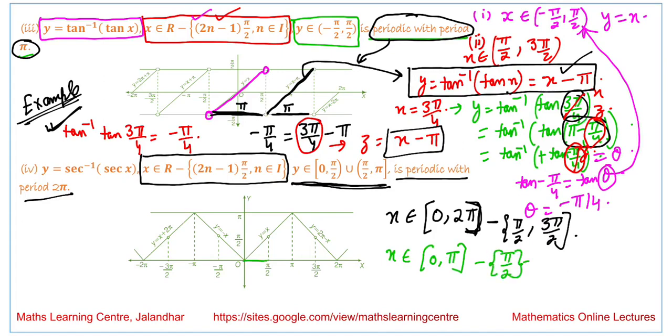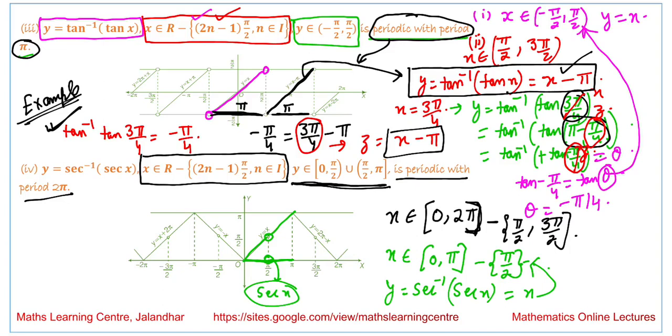That is, we are not considering the value at x is equal to pi by 2 because secant of x is not defined at this point, and we know that the solution of the equation y is equal to secant inverse of secant x, that is equal to x if x belongs to this interval. So we are obtaining this line over here, and this point is excluded.